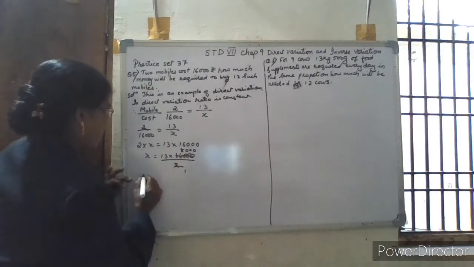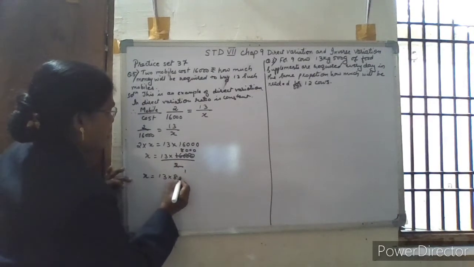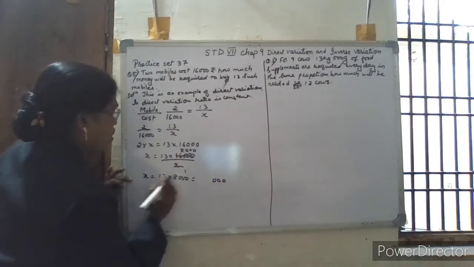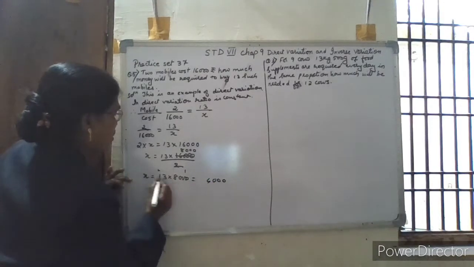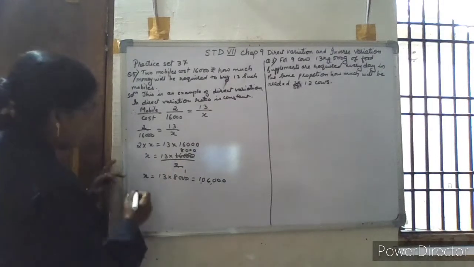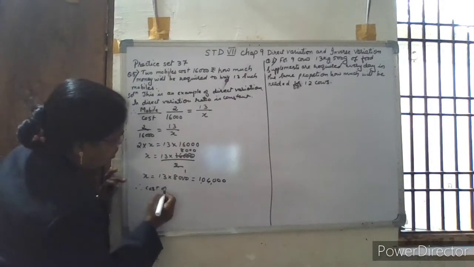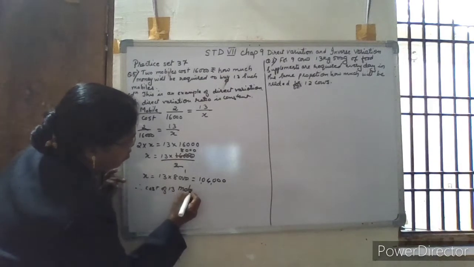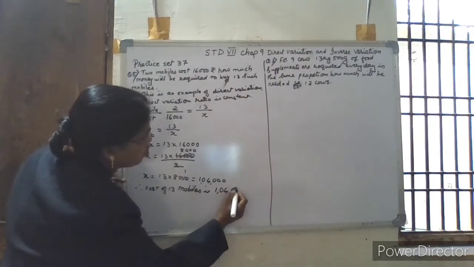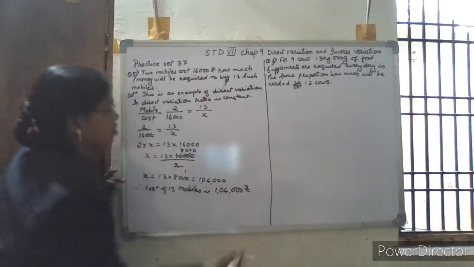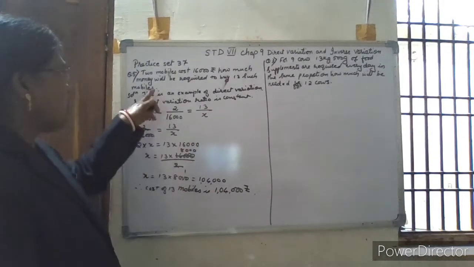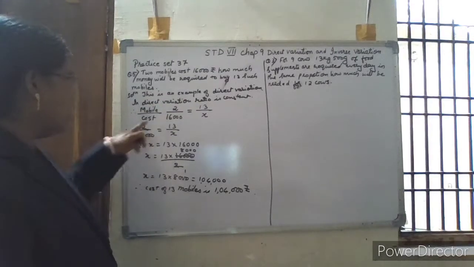So X is equal to 13 into 8, and that gives 3 eights are 24, carry 2, 1 eight 8 plus 2 is 10, so it is 1,04,000. Therefore, the cost of 13 mobiles is 1,04,000 rupees. So we have solved the fifth question using the method of direct variation, ratio constant.